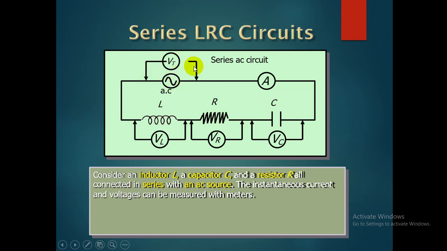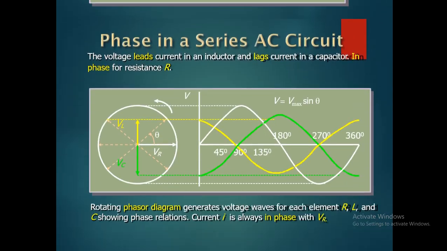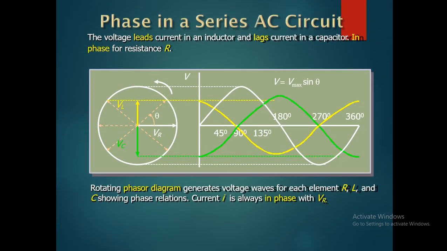We connect one ammeter to measure the current flowing through the circuit, and we use 3 voltmeters across every element connected in the circuit. Because all 3 elements are in series, we are going to analyze the same circuit using the phasor orientation in 360 degrees.